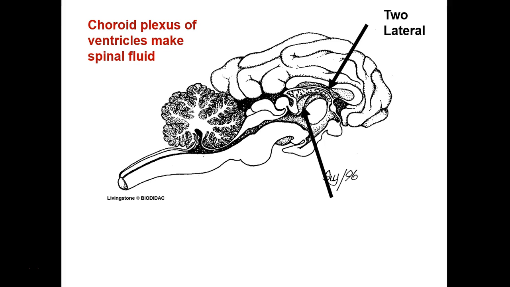So you have 2 lateral ones. Above the intermediate, or that round body, is the 3rd ventricle, and then underneath the cerebellum is the 4th ventricle. So the 3rd ventricle is going to be number 21, and the 4th ventricle is going to be 17 on that lowest picture on your worksheet.